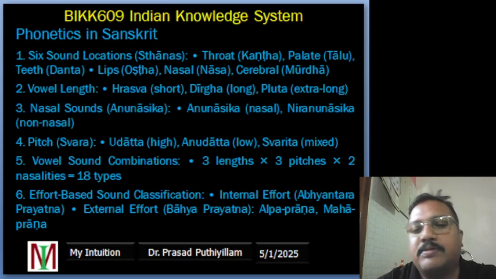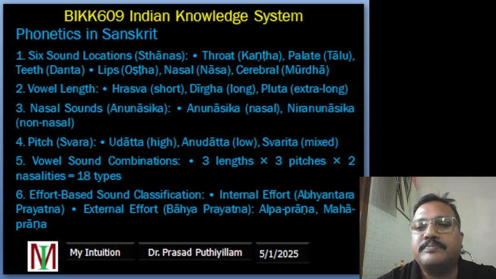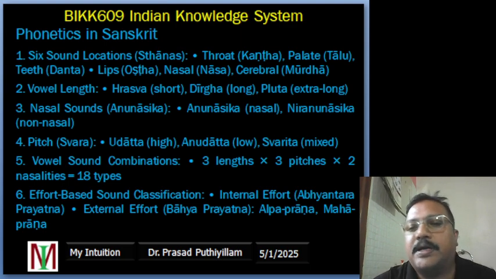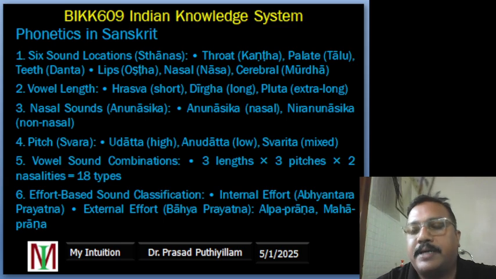The nasal sounds are also very important, and they have two types: Anunasika and Niranunasika. Anunasika is the sound that passes through both the mouth as well as the nose. When we chant the mantra Om, the sound comes through both the mouth and the nose.